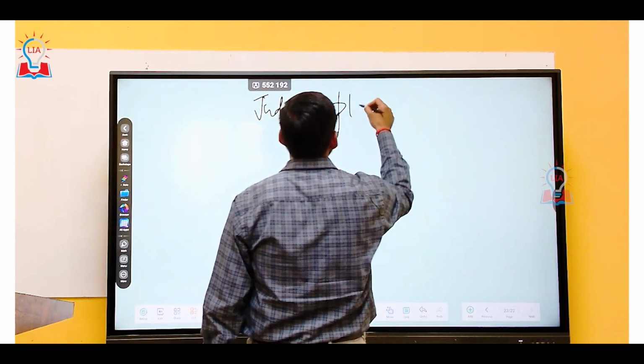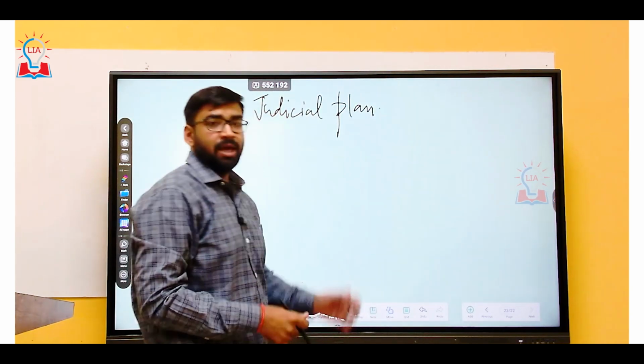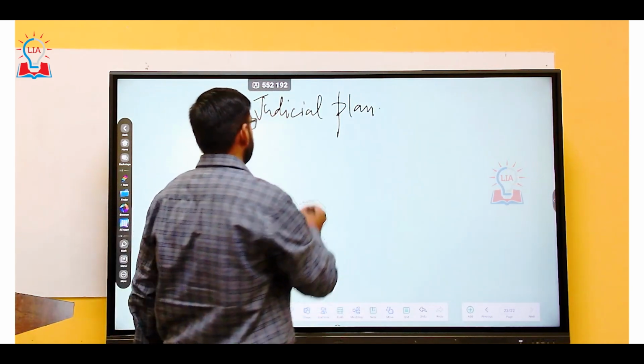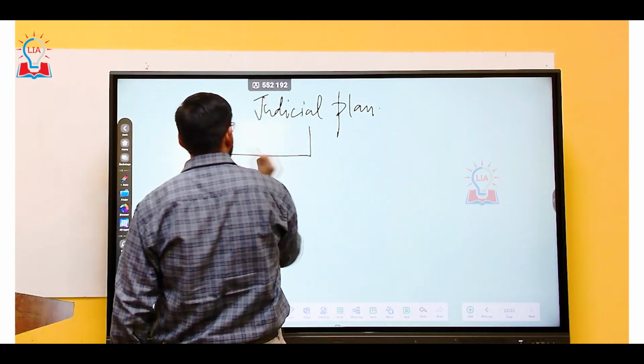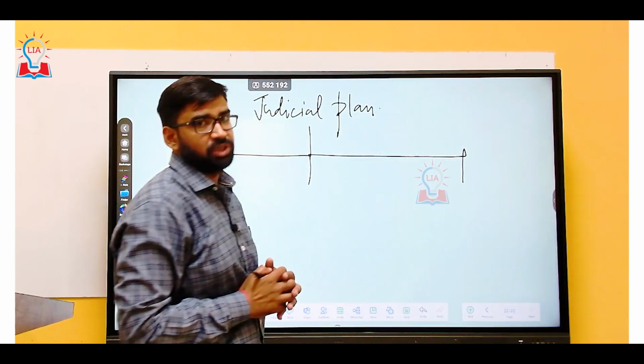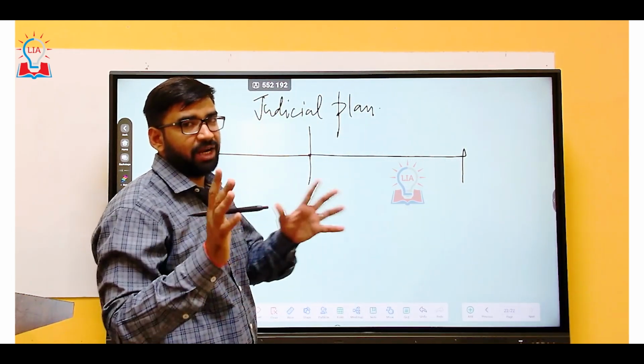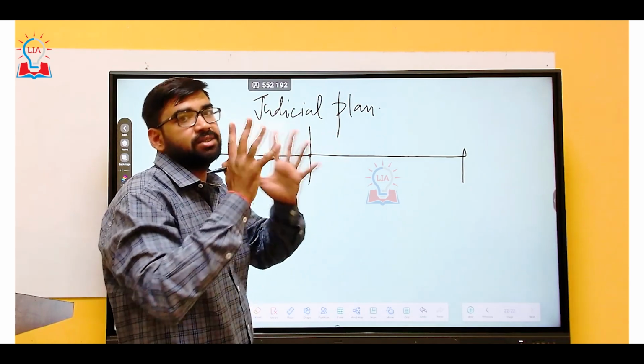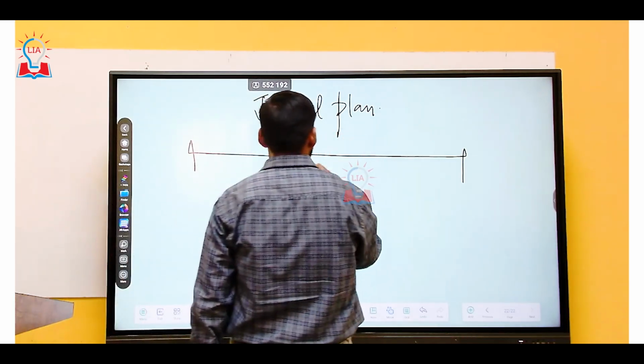In this judicial plan, Bengal was divided into 3 districts.